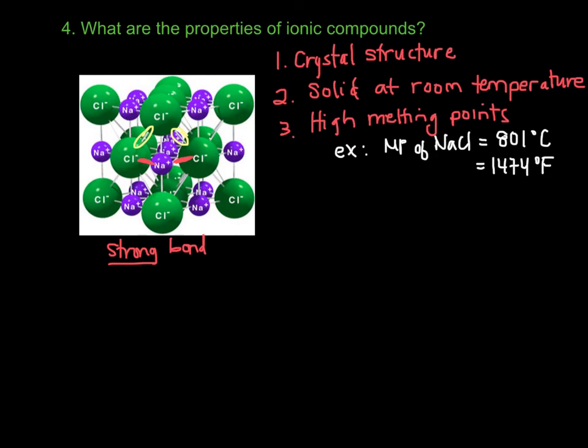Another property of ionic compounds is that a lot of them are soluble in water. Not all, but most are. There are definitely exceptions to the rule, but for our purposes, we're going to say that most of them are soluble in water.